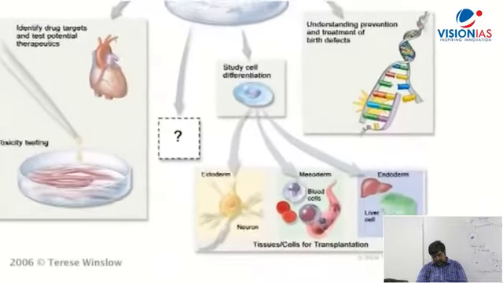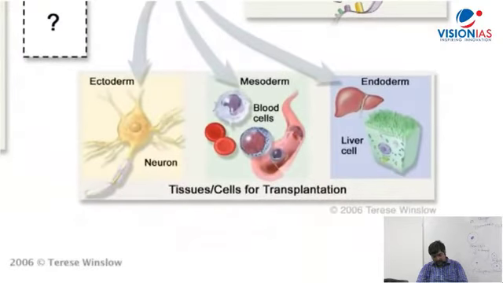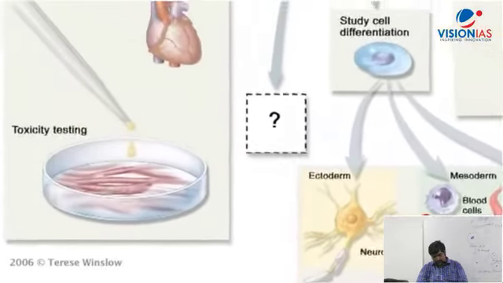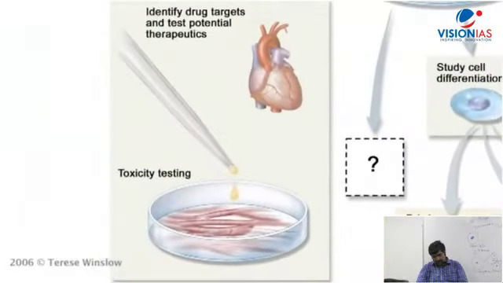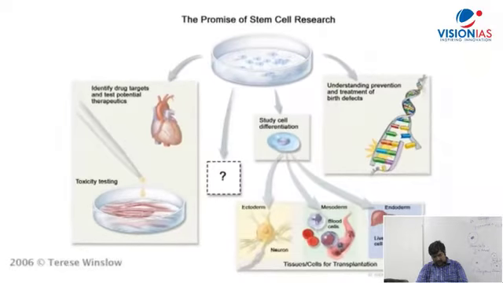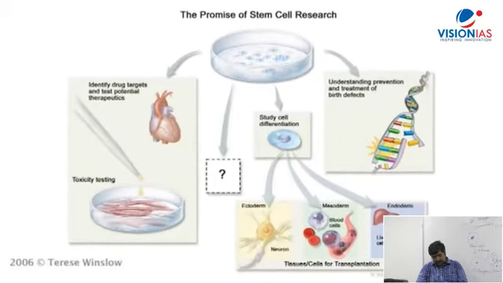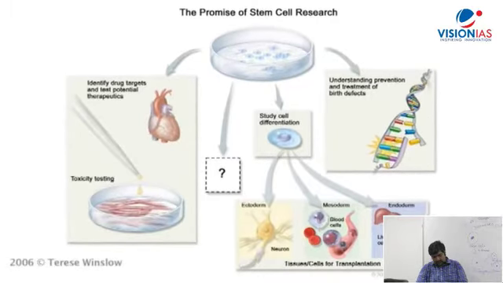We can learn more about how stem cells make different cell types. We can use cells derived from stem cells to make better and more effective drugs. So stem cells are, in essence, a source of different cell types that you can use to generate new drugs and learn more about how disease happens.